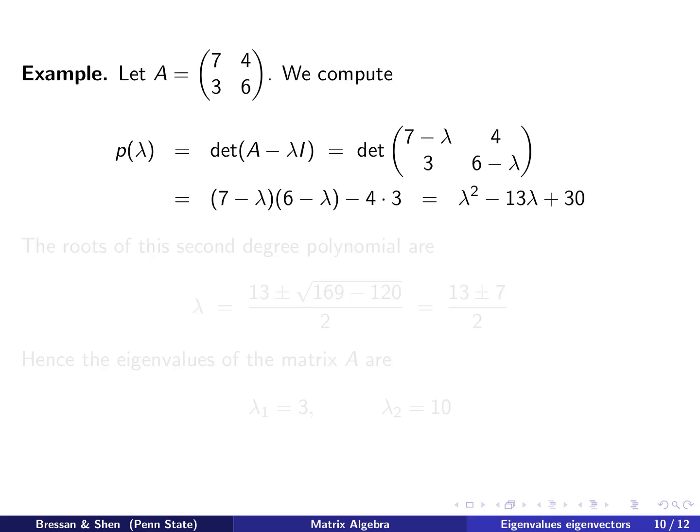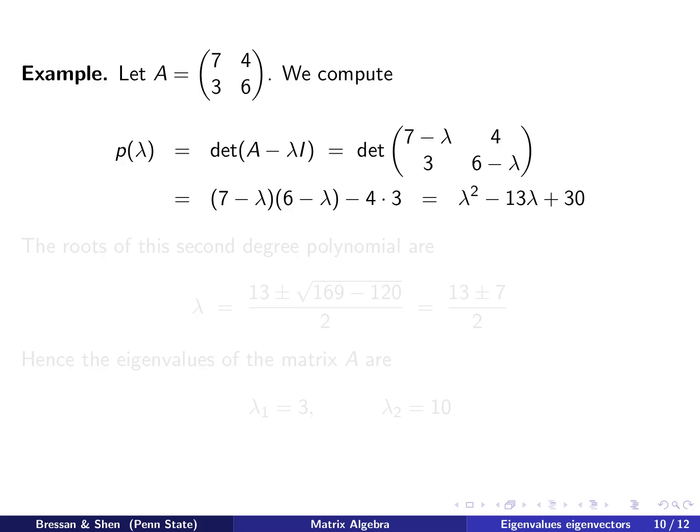Okay, let's take an example. Let's do it for 2 by 2, because you can imagine it's a quite lengthy computation to find eigenvalues and eigenvectors, so this will just get the ideas clear. We have a matrix, and we want to compute first the characteristic polynomial p of lambda by computing the determinant of A minus lambda I, which is the determinant of this A matrix with lambda subtracted on each diagonal entry.